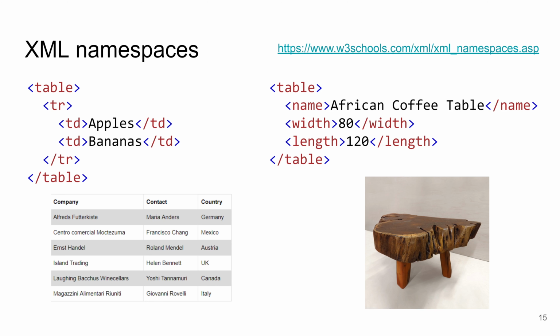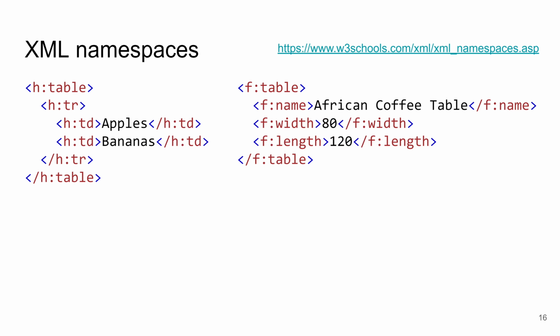So for these cases, and these are quite common actually, that we are mixing elements that look the same, or they are named the same, but they mean different things in different contexts in one document, we need XML namespaces.